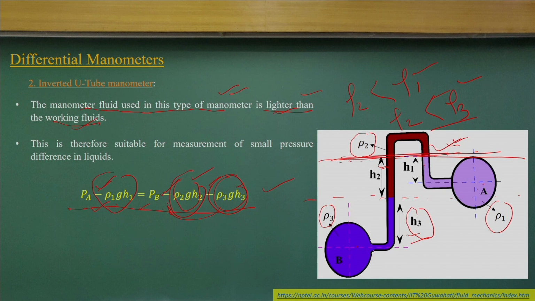So, manometric fluids are lighter in an inverted shape, and we have to measure like this.